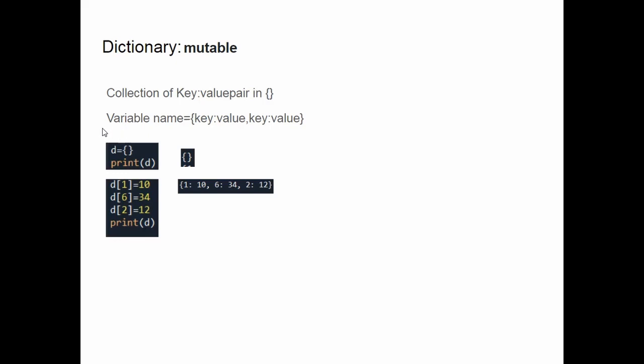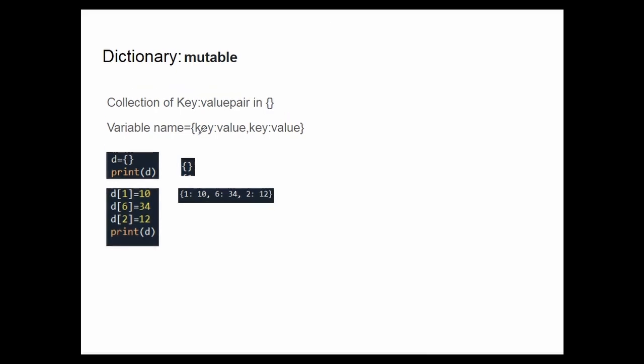So the method is variable name equal to, within the curly braces, key and value pairs combined by the colon.